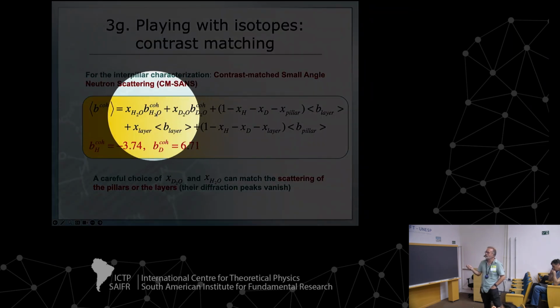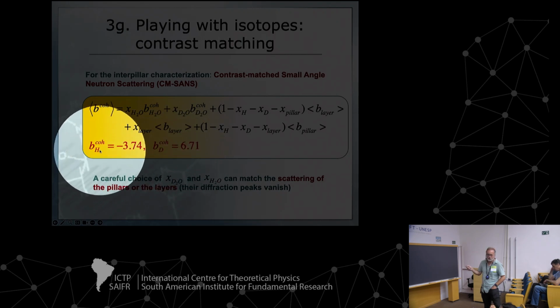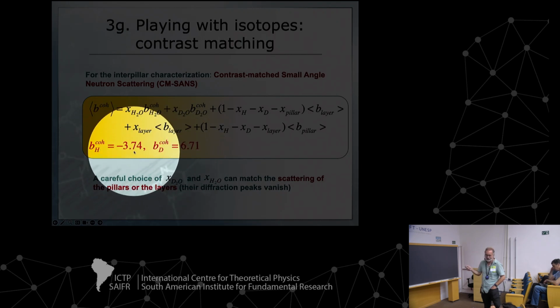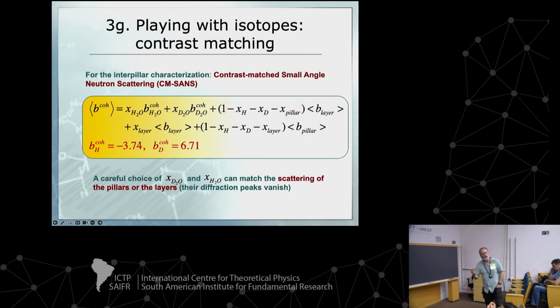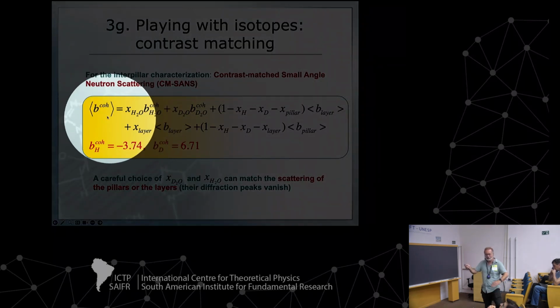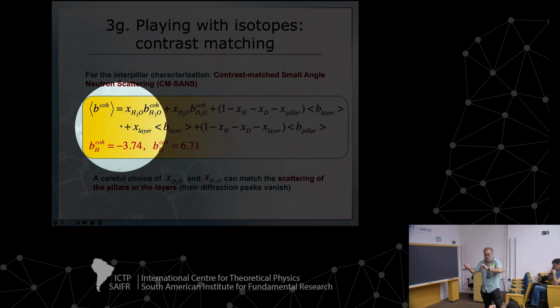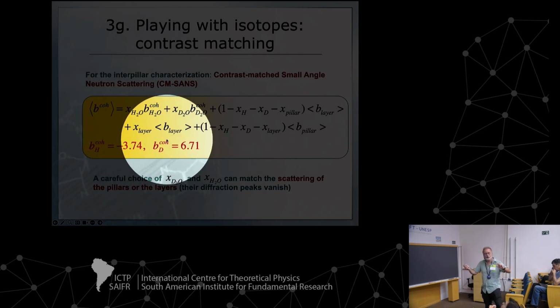Taking into account that you can mix deuterated water with water, and the coherent length of the deuterated water is this one, and that of hydrogen is negative, you can play with the combination of water and deuterated water so that the coherent length of the material that is inside this mixture matches that of the pillars.